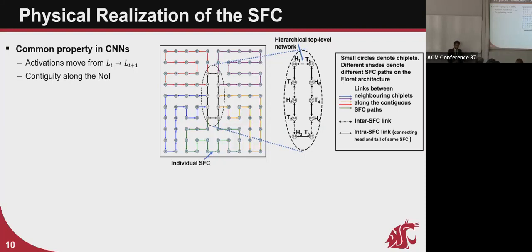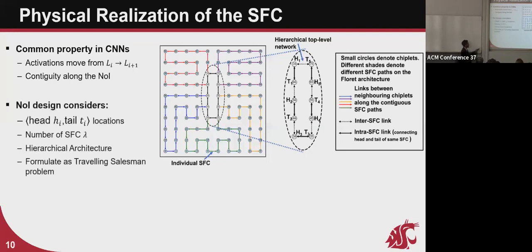We might have skip connections that we'll address in the next few slides, and we maintain contiguity along the NOI path. Our design considers a head and a tail. The head of an SFC is where it starts, and the tail is where it ends.